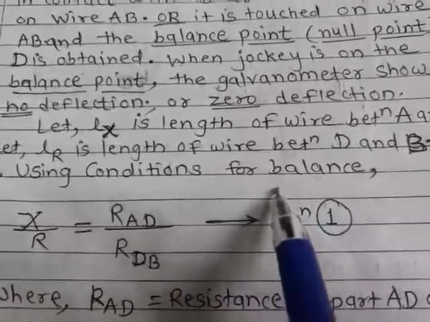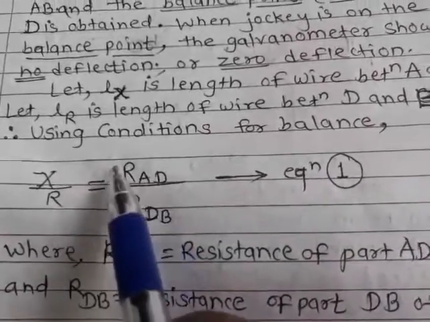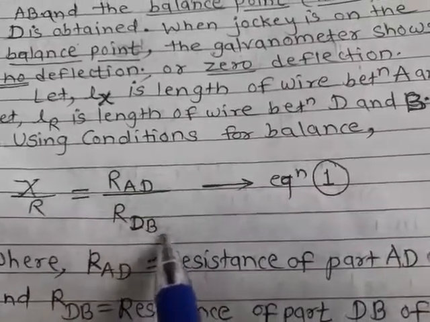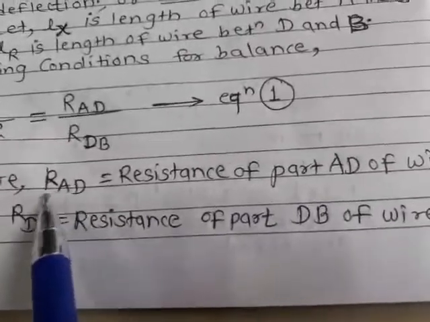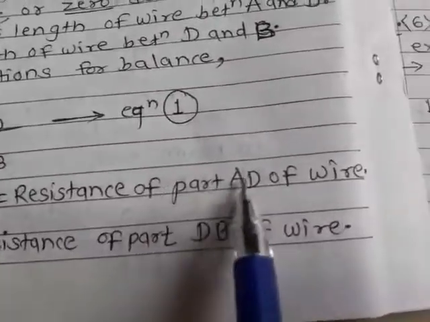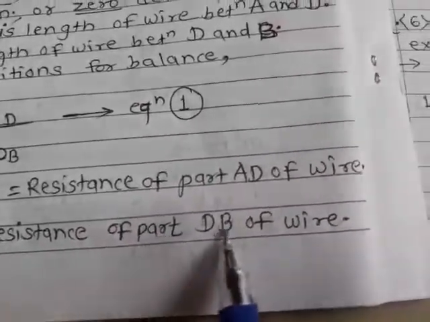Using conditions for balance, capital X upon capital R is equal to R of AD divided by R of DB, equation number 1, where R of AD is equal to resistance of part AD of wire. R of DB is equal to resistance of part DB of wire.